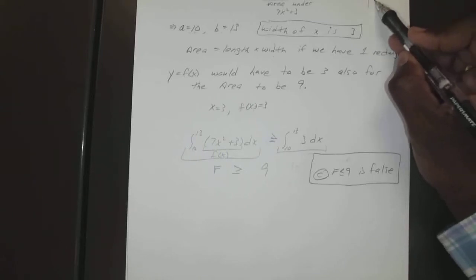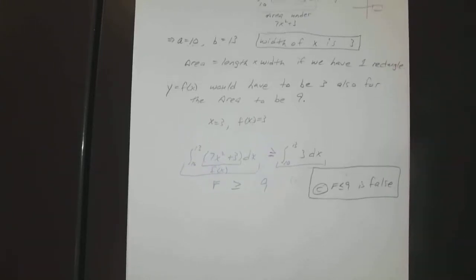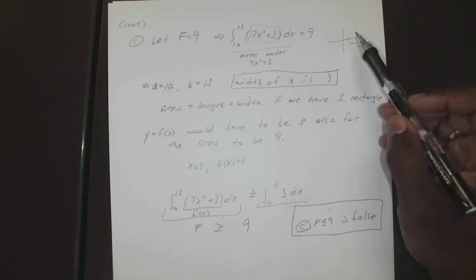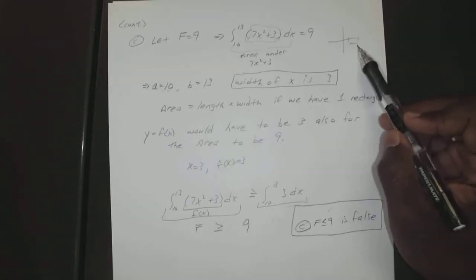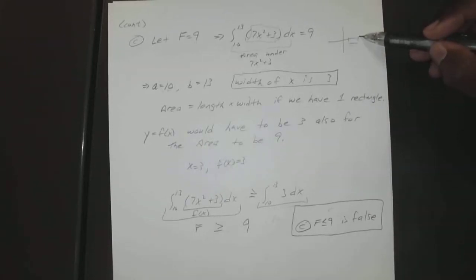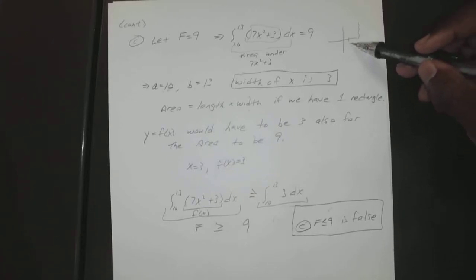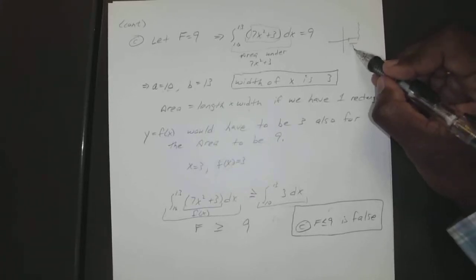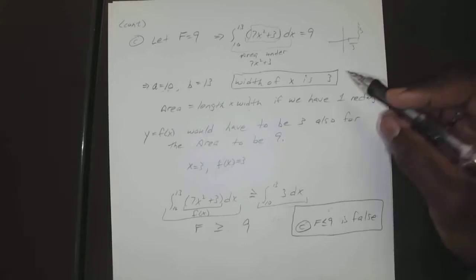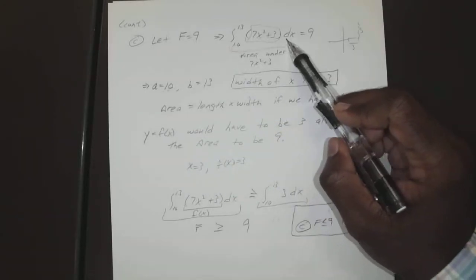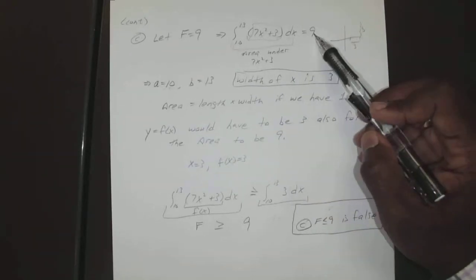So now we're just looking for our length. If we have a rectangle and our width is 3, our length would have to be 3 if our integral, which just tells us the area, is 9.